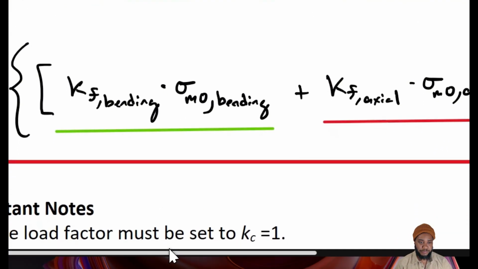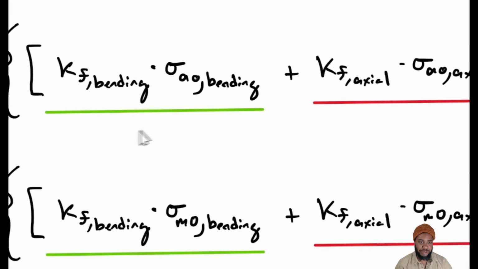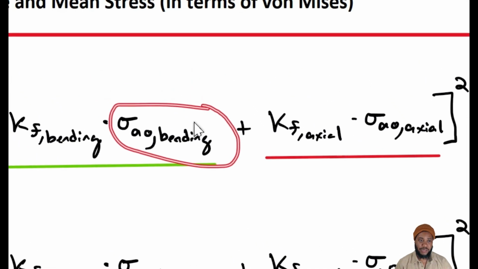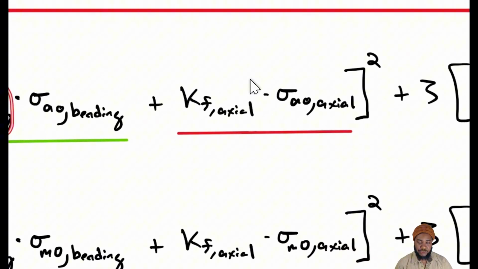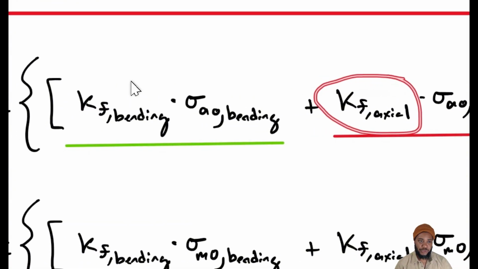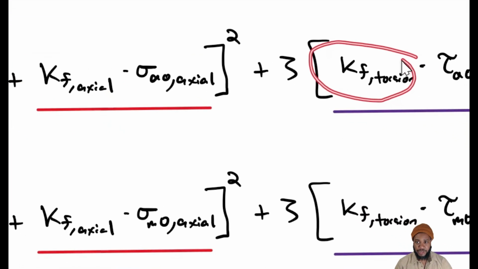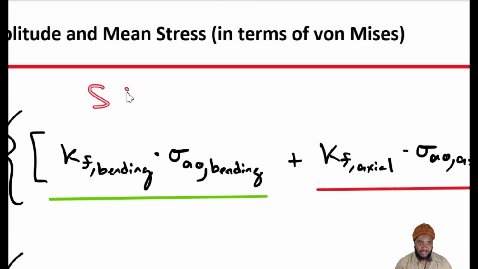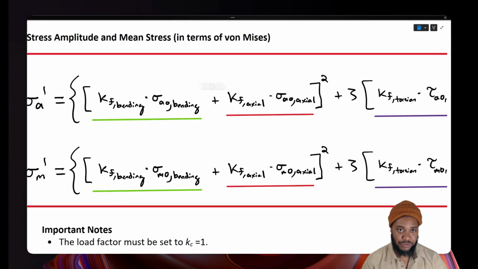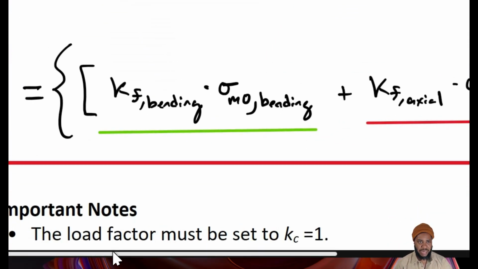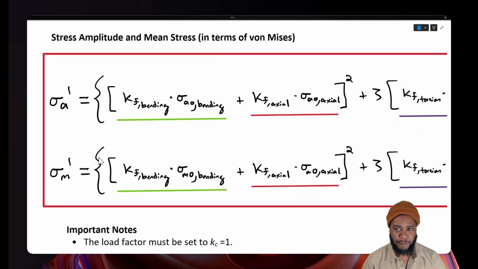Now, what's important to note is that in this von Mises term for stress amplitude and mean stress we have the nominal stress, but if we have the presence of a notch, we also include the stress concentration factor due to the loading condition of bending, of axial loading, or of torsional loading. So we'll need to go and search for our SCF charts for each of these types of loading, calculate their values, and put them into this combined fatigue von Mises stress set of equations.